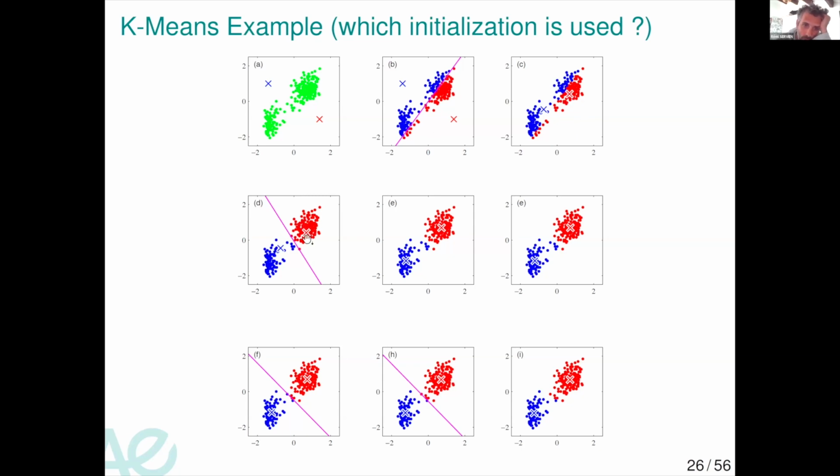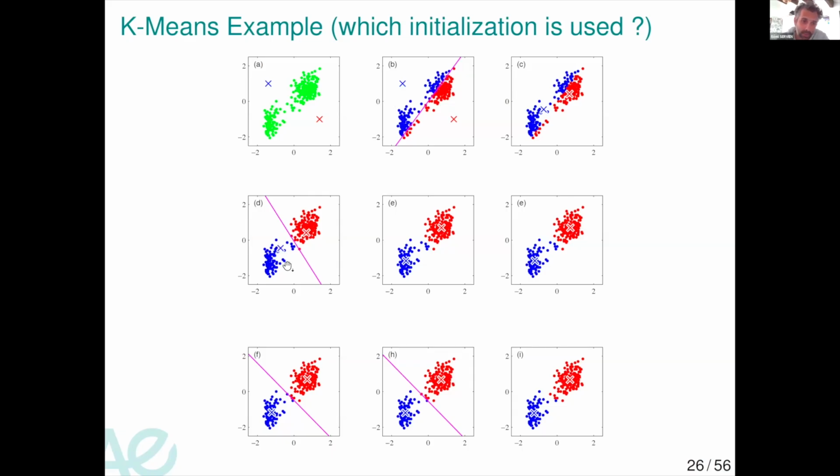So it gives you another clustering. These blue points are red, and these red points are blue. And so you can reiterate the different steps.